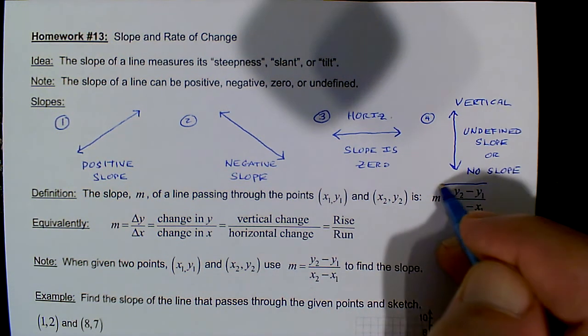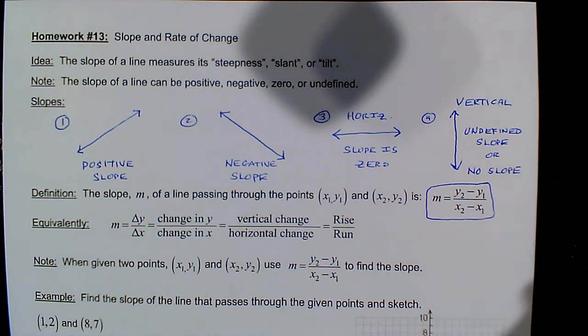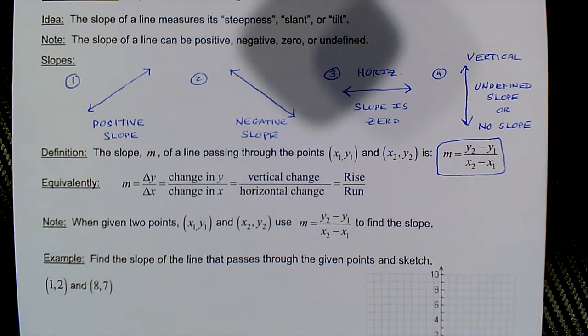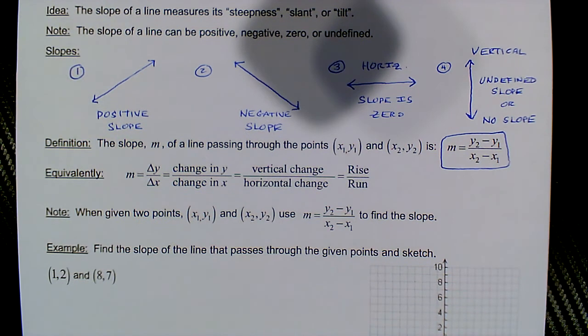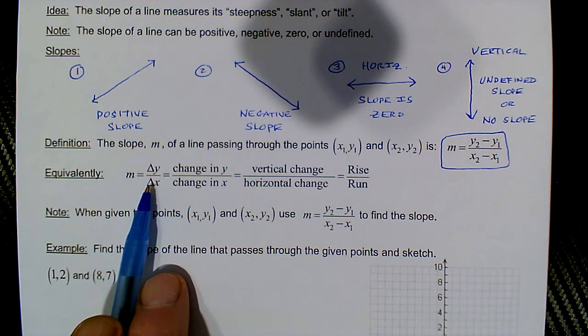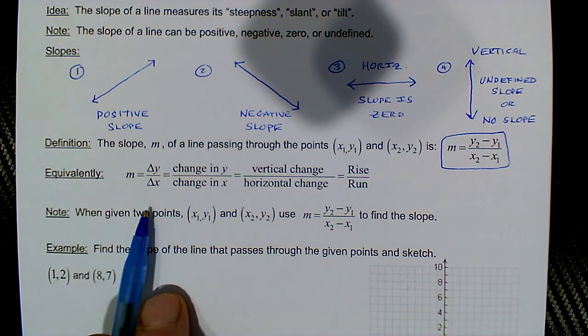Now, there are other ways to think of the slope that come in handy. This little triangle symbol means delta. So we read it that the slope is equal to delta y over delta x, and delta simply means the change in. So the change in y over the change in x.